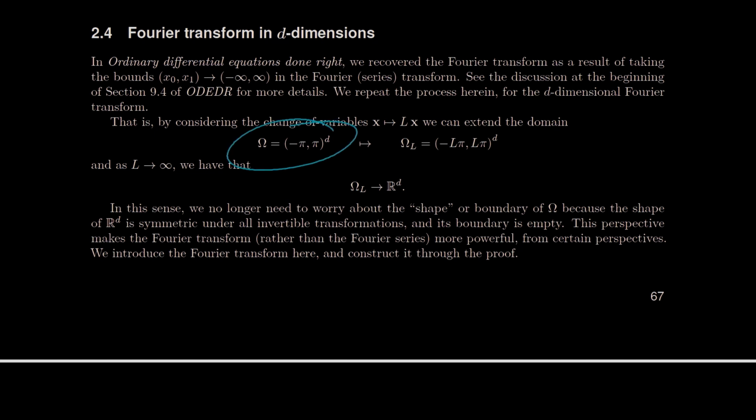the Fourier series transform in d dimensions we had defined over the hypercube of length 2 pi. So we take some hypercube in d dimensions, length 2 pi, centered at the origin. What we can do to recover the Fourier transform that most people refer to is give the hypercube side length the name L. So hypercube of side length L, and it's going to be getting bigger and bigger if we allow L to go to infinity.